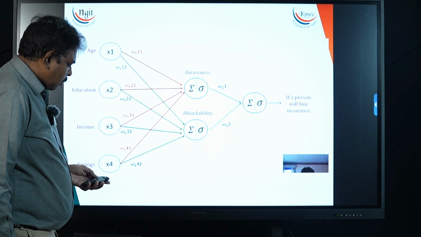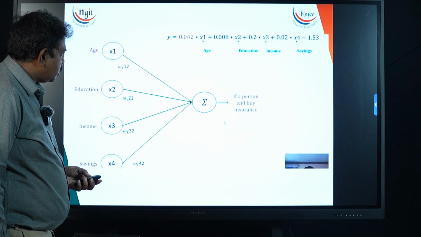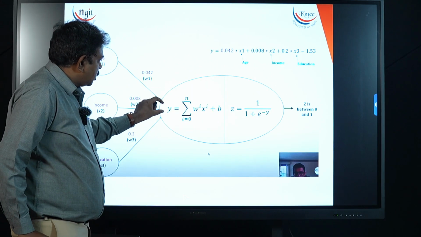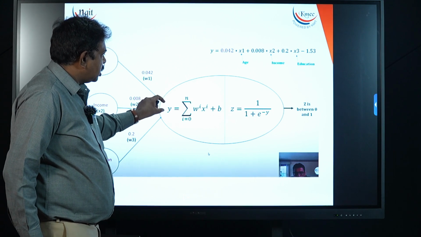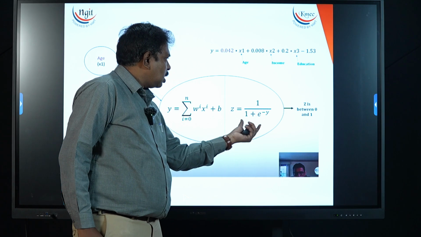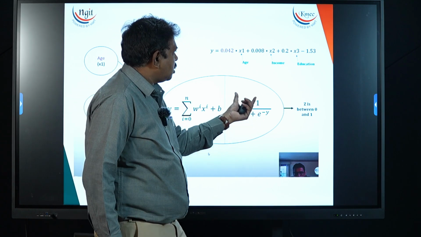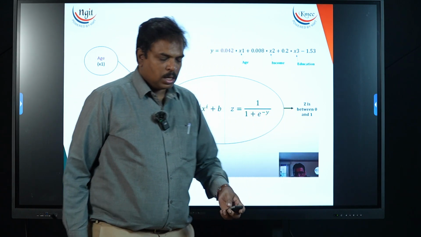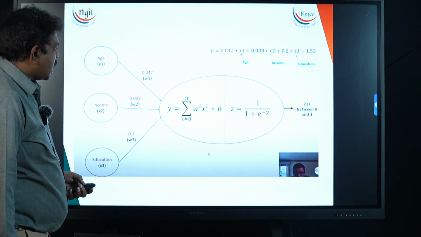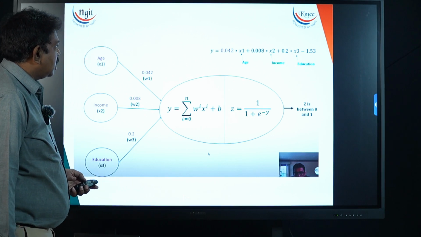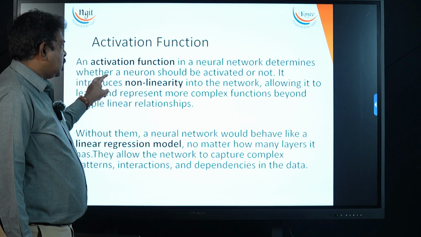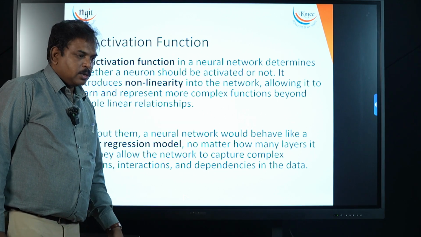So to avoid this problem, we introduce an activation function. The output of this weighted sum is sent as input to the activation function. The output of this activation function is sent as input to another neuron. Here, this activation function is basically deciding whether a neuron should be activated or not.